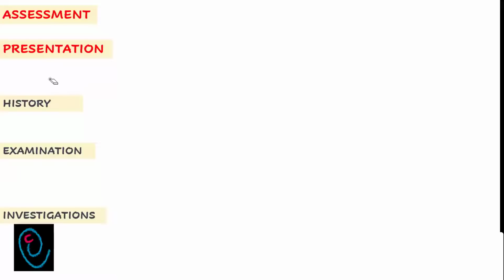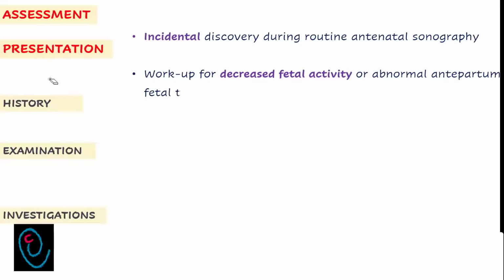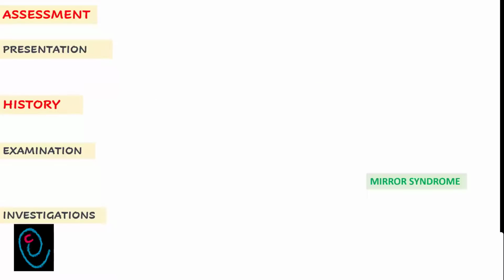A case of non-immune hydrops fetalis may be discovered incidentally during routine antenatal ultrasounds, or during workup for decreased fetal activity, or during workup for uterine size greater than expected. Ask about ethnic background, personal history, and family history.